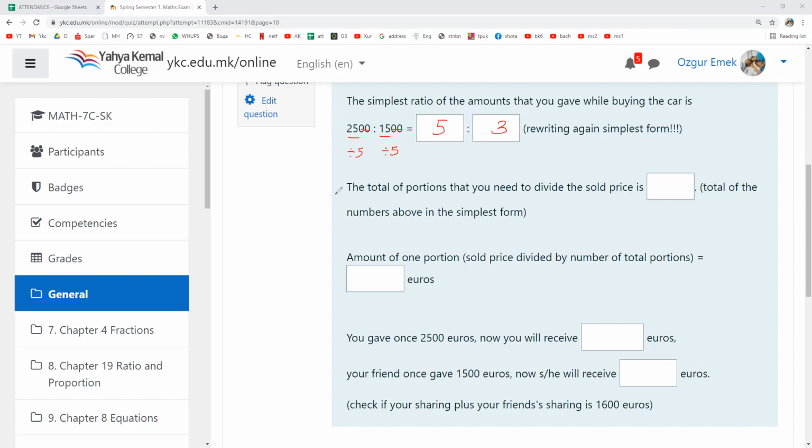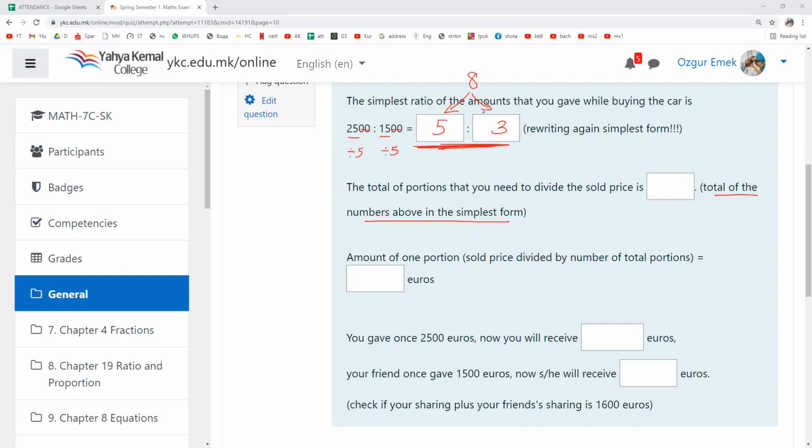So for every 3 euros your friend receives, you need to have 5. That means 8 is shared in this way. Now, what is the total number of portions? It's the total of the numbers above in the simplest form.